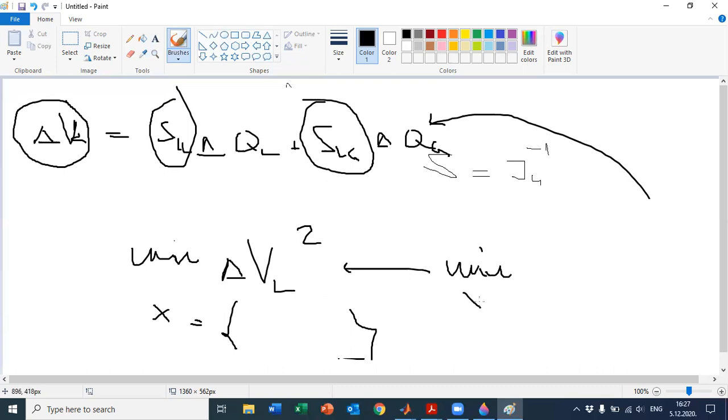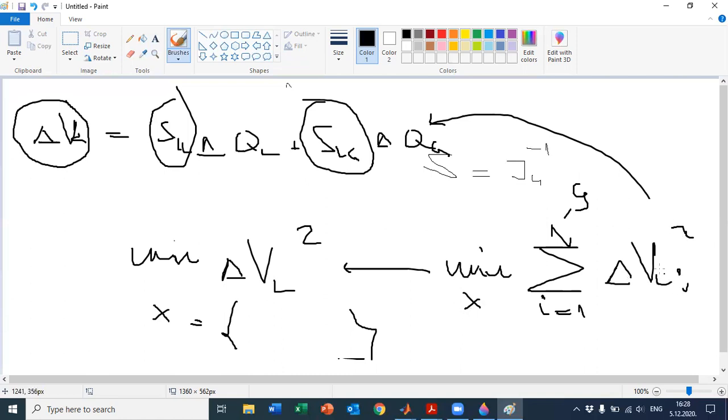So we have to find the vector x which minimizes the deviations for every scenario from 1 to n, where n is 9 in our case. So this is delta VLi, stating that these are the voltage deviations for the ith scenario.